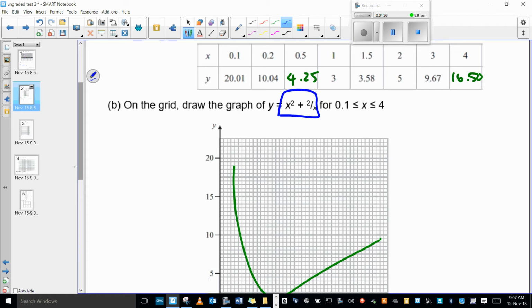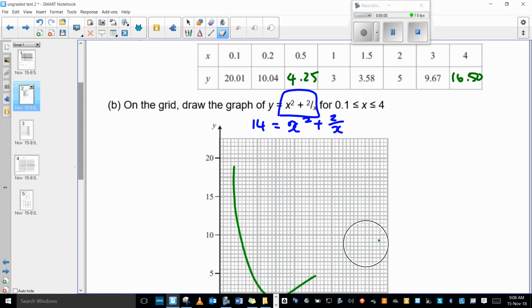But they've said that that graph has to equal 14. So what are you going to do? You draw a line, y equals 14, and then you see what.